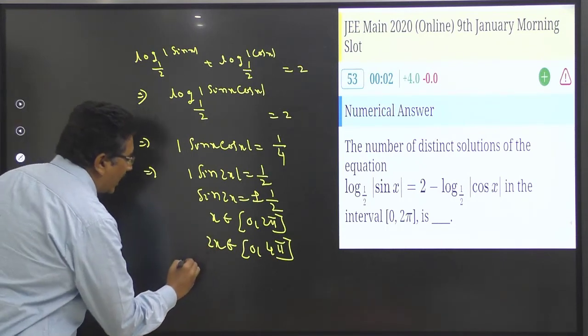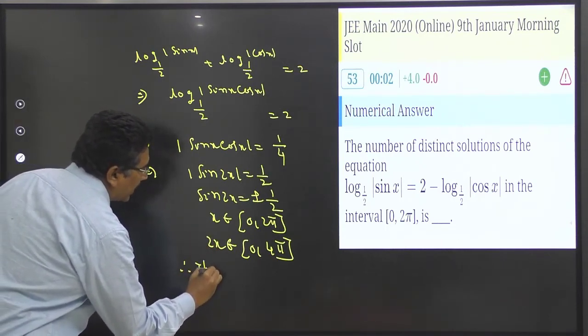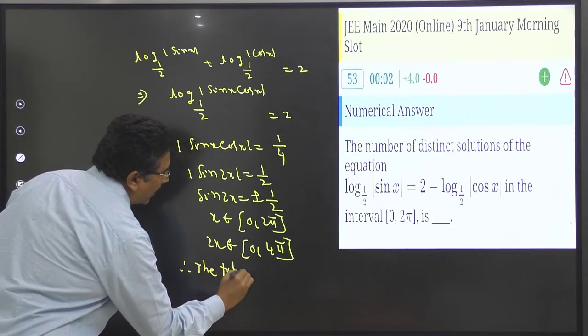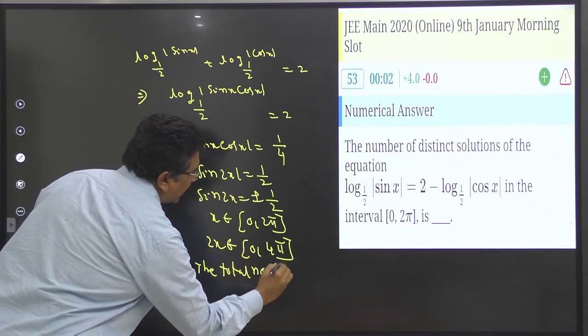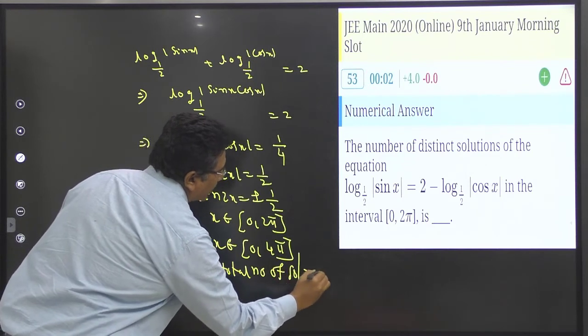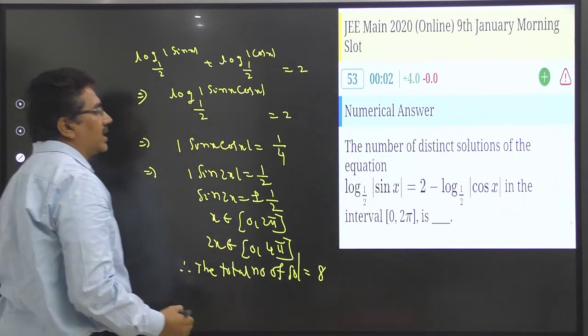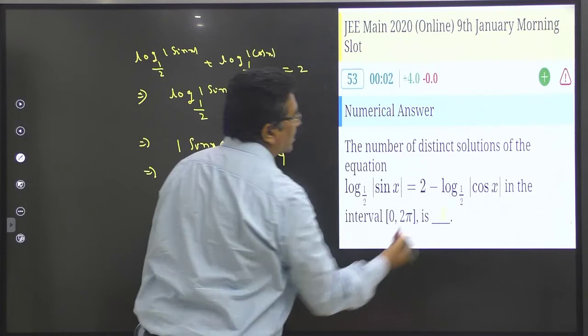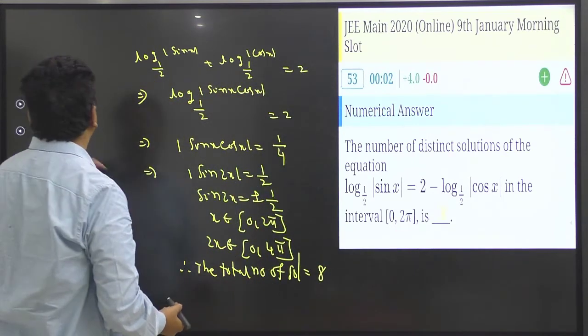Therefore, the total number of solutions is 8.